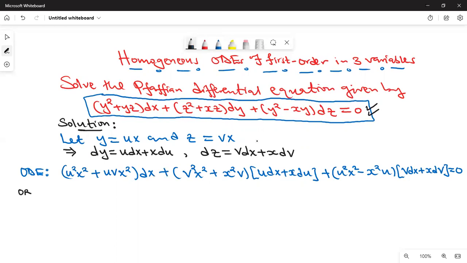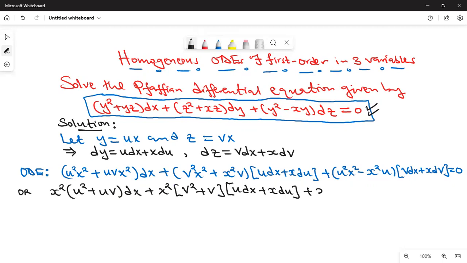So this equation can as well be written as x squared outside into (u squared plus uv) dx, another x squared outside into (v squared plus v), again multiplying (u dx plus x du), another x squared outside into (u squared minus u) multiplying (v dx plus x dv) to give us 0.